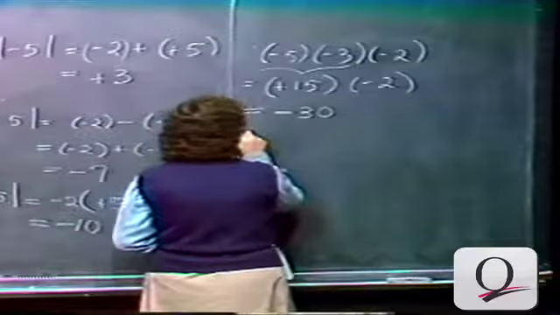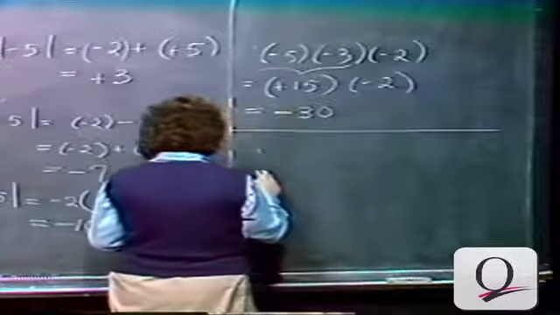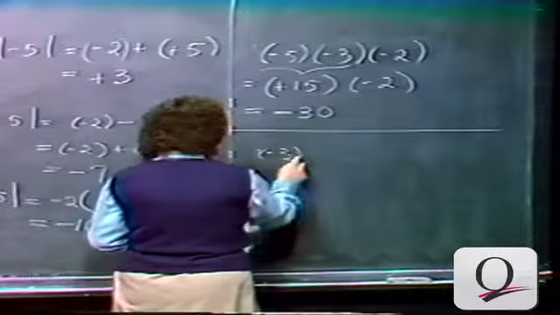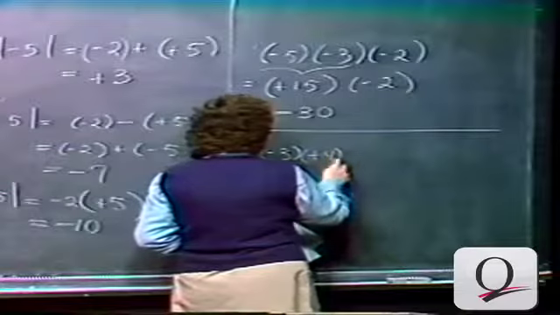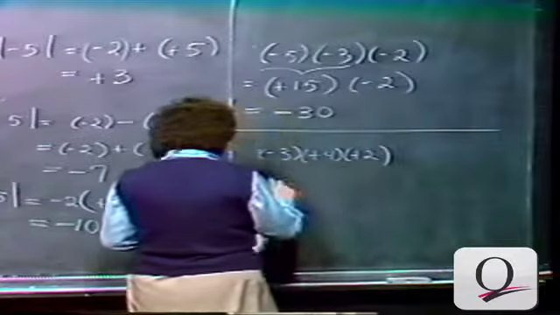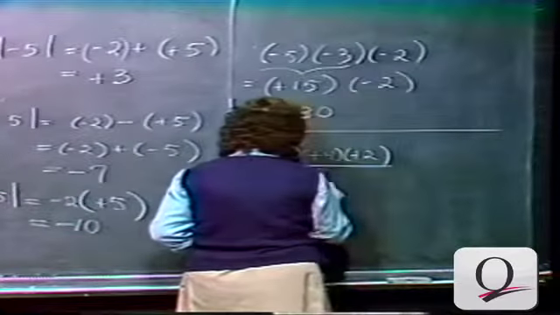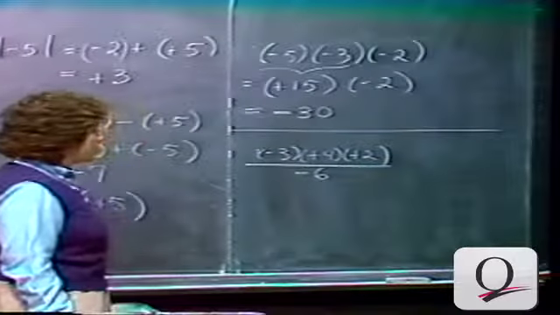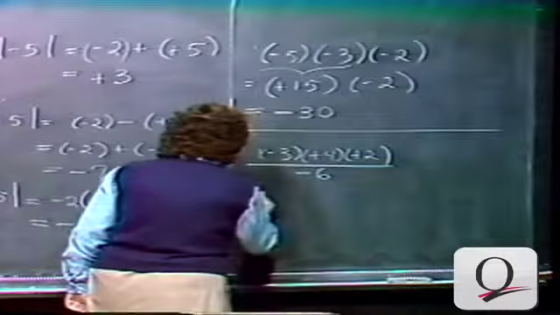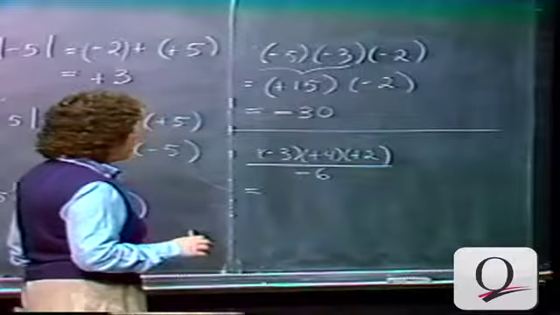All right. What about this? Minus 3 times plus 4 times plus 2 divided by minus 6. Once again, we can do a little bit at a time.